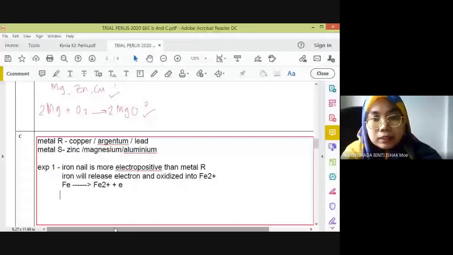Okay, eksperimen 2. Tulis pula iron nail is less electropositive than metal S. Okay, yang mana pula akan release? Kita pilih salah satu. So, magnesium.